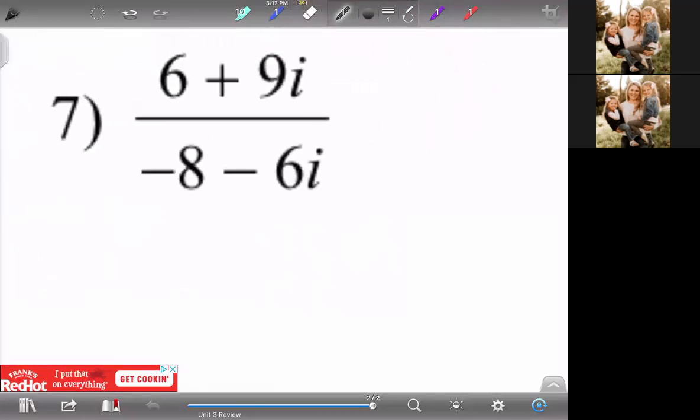Last one over here on the right-hand side, very similar to the last question. We are again going to multiply by the conjugate and create two box problems.